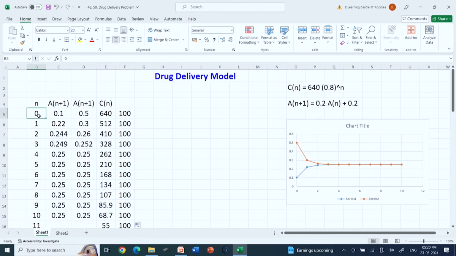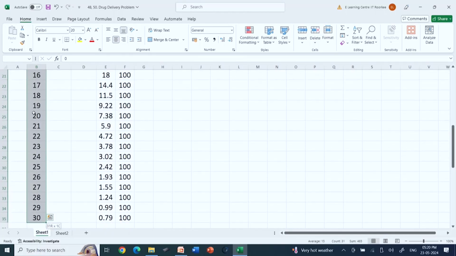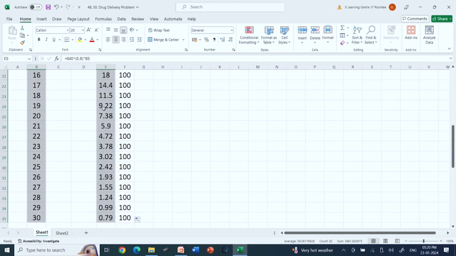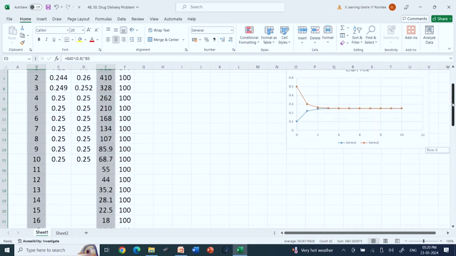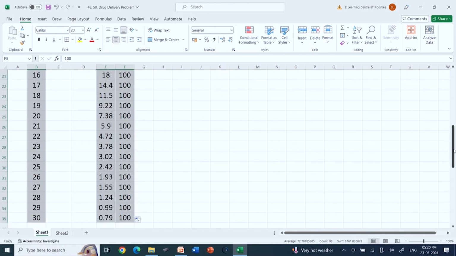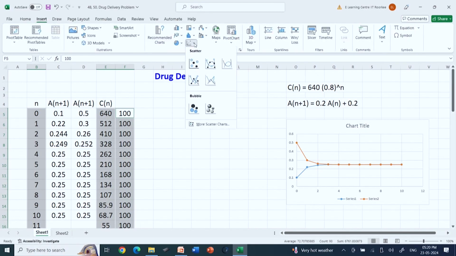Now, let me plot this. This is 0, I highlight till 30 values. When you click control, you press shift and the down cursor. So, it will highlight this column, again press control, select this, press shift and the down cursor. So, these columns have been selected, you go to insert, go to the chart.